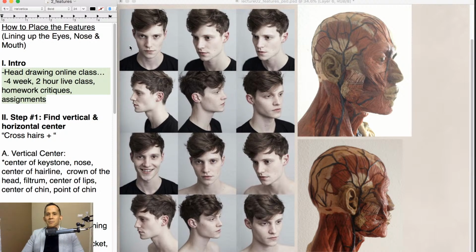Today we're going to talk about head drawing. We're going to continue the series on how to improve your head drawing, how to draw better faces and portraits. In the last video, I talked about shape. So the two-dimensional ideas, particularly head types and head shapes, it's a very important part of my philosophy.